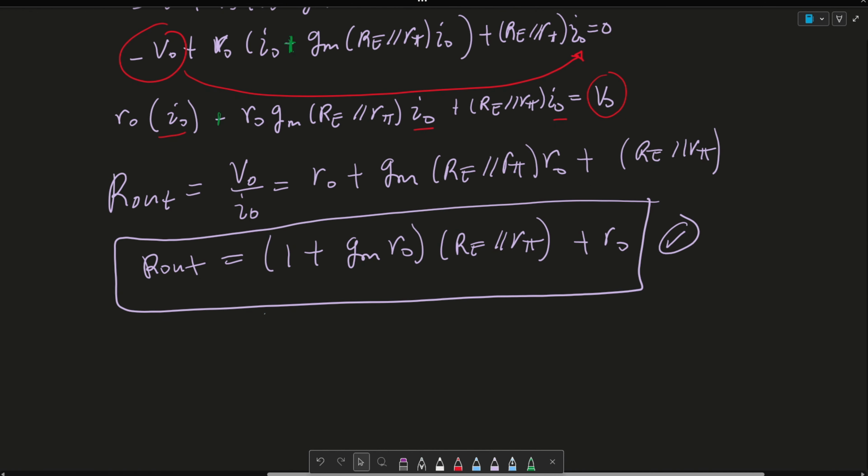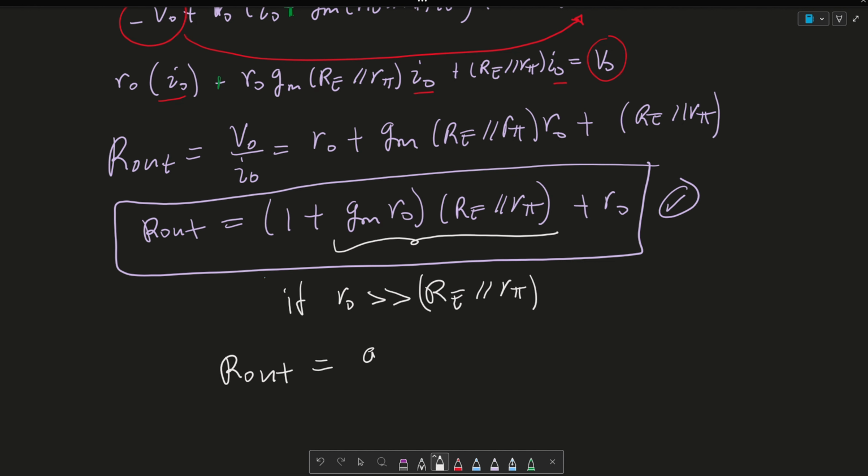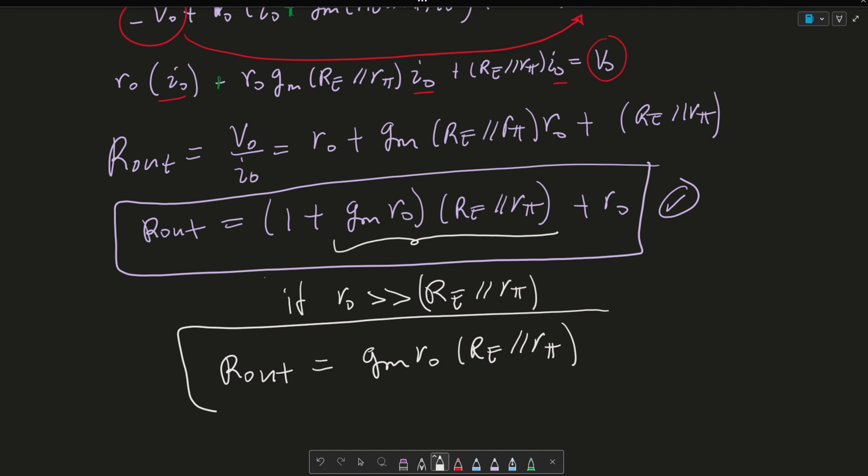But normally we say that if RO is much greater than RE parallel with R pi, which is normally the case, then this middle term is the only thing that will stick. So R out is equal to GM RO RE parallel with R pi. So this is your approximated with high accuracy solution.